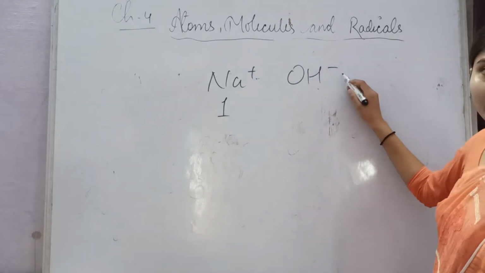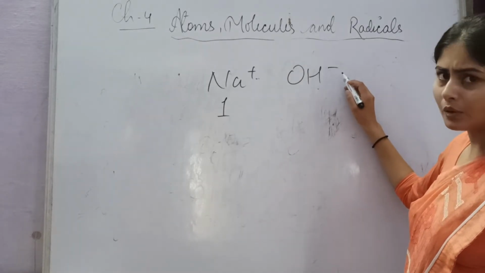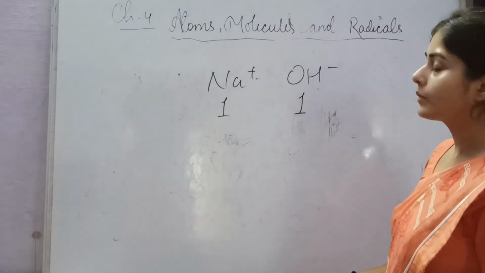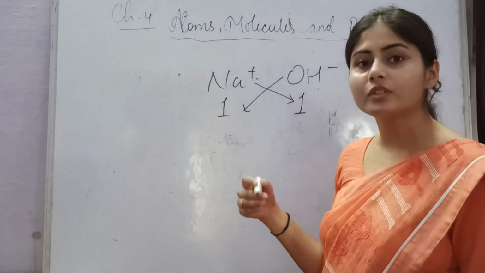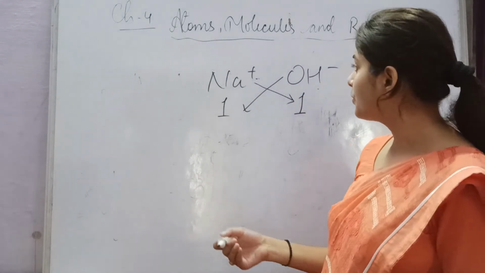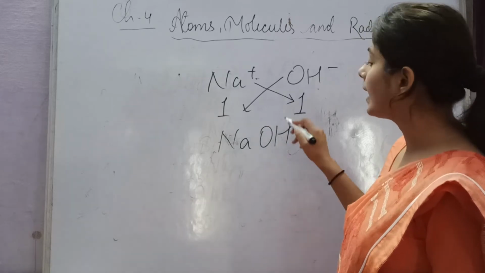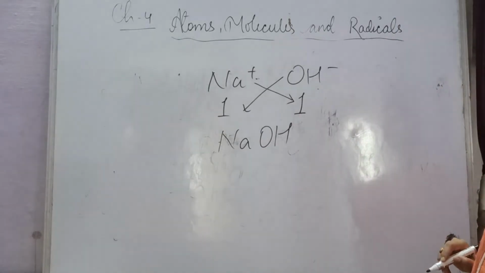How many charges are there? 1. Ignore the minus sign and only count the charge. So the valency of this hydroxyl group is 1. Now, interchange or transpose their valencies to each other. What will you get? You will get NaOH, sodium hydroxide. Right, everyone?